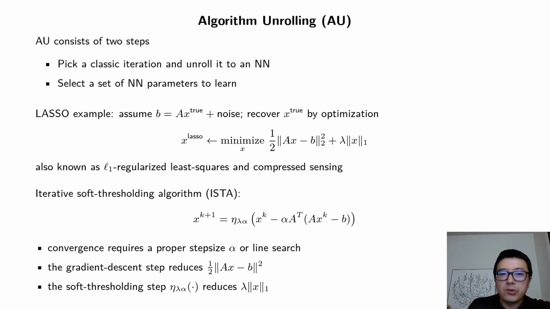This is also called the soft thresholding nonlinear operator. The threshold depends on lambda and alpha. With a properly small step size alpha, or using line search to determine alpha for each iteration, this iteration will converge to a solution to this problem. Roughly speaking, the inner step reduces the least squares and the outer step reduces L1.